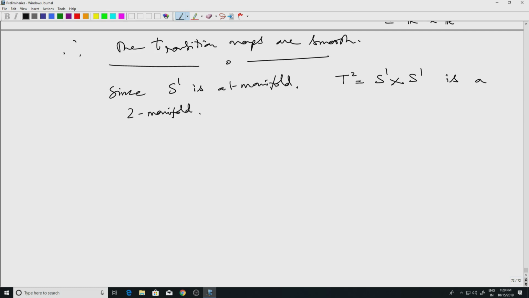Normally one thinks of a torus as a surface of revolution in R3, but the way we have defined it, this T2 is actually a subset of R2 cross R2, which is R4 rather than R3.